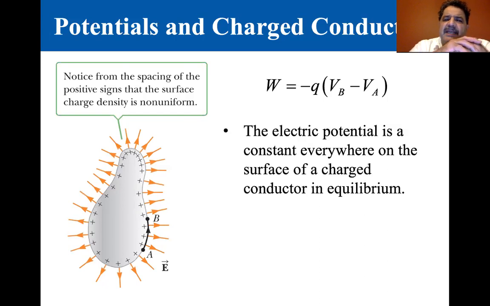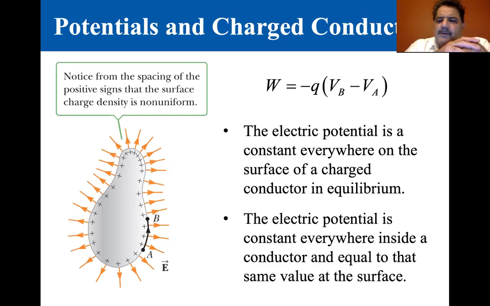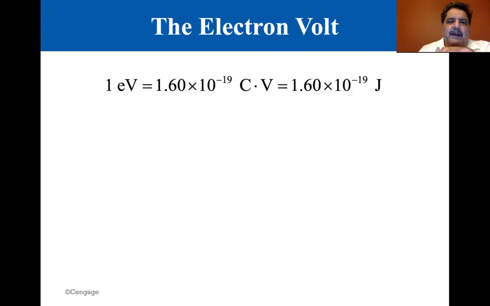The electric potential is a constant everywhere on the surface of a charged conductor in equilibrium. Also, the electric potential is constant everywhere inside a conductor and equal to that same value at the surface. So if we move from A to B, we've done no work because they're all at the same electric potential.